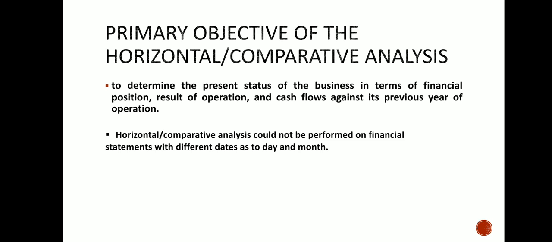Like, for example, if you have your current financial statements ending December 31, 2020, and you also have interim financial statements ending June 30, 2019, you cannot perform horizontal analysis. You cannot compare and evaluate these two financial statements because they are of different dates and months. So this will not provide meaningful information to users.